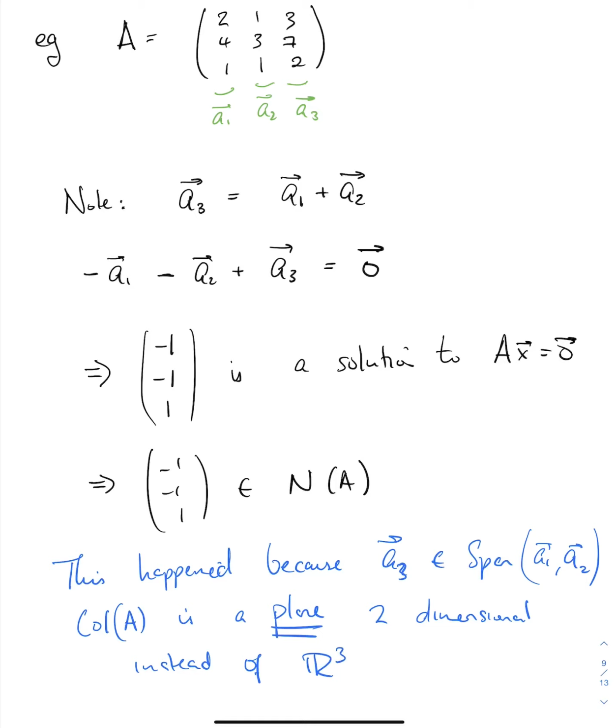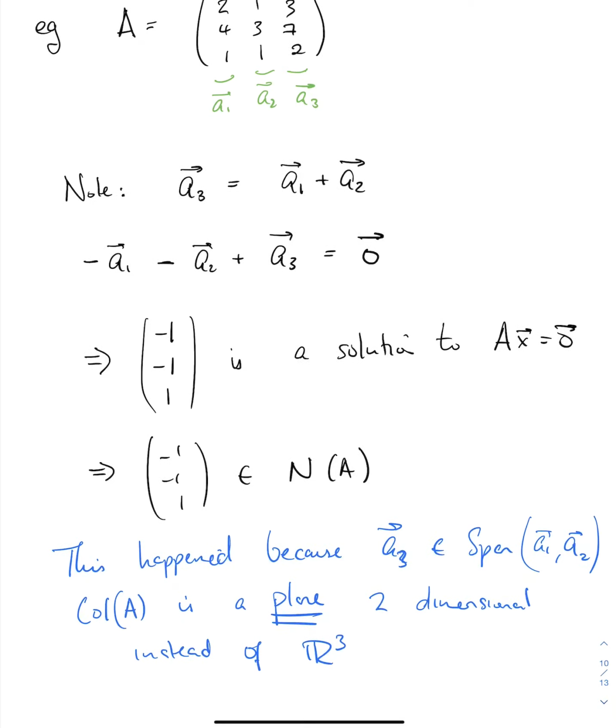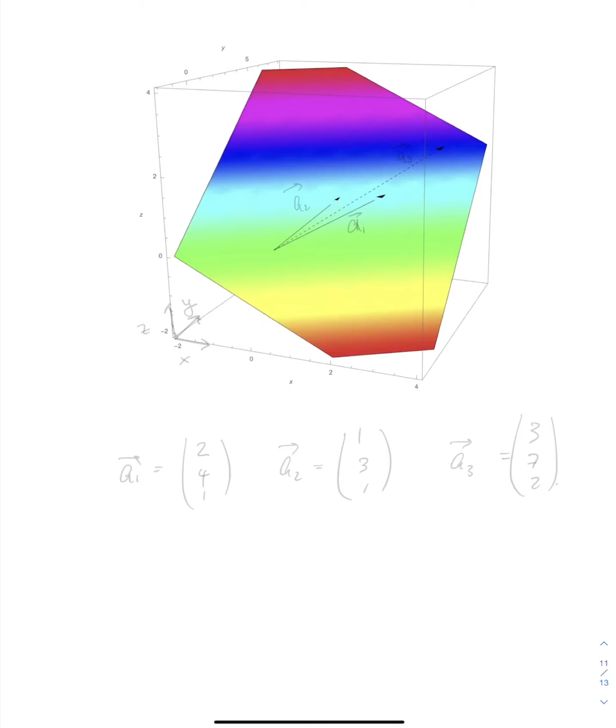In order to link this to the geometry, I'm just going to pull in a drawing of this for you. Here is a picture of these three vectors. Let me just orient you briefly. We've got the x, y, and z directions. Here is the x direction. Here is the z direction, as you can see on the side.